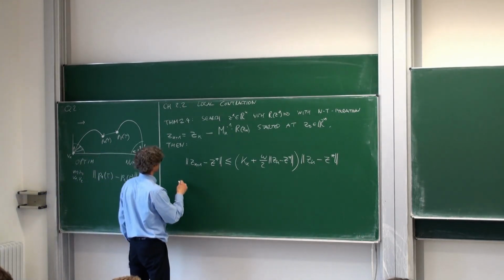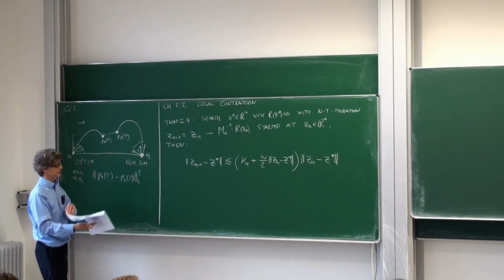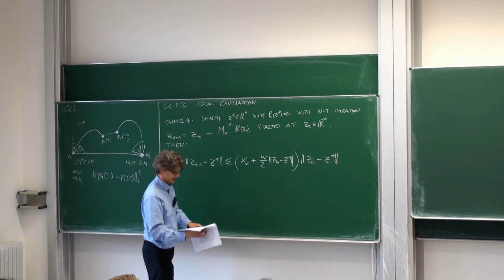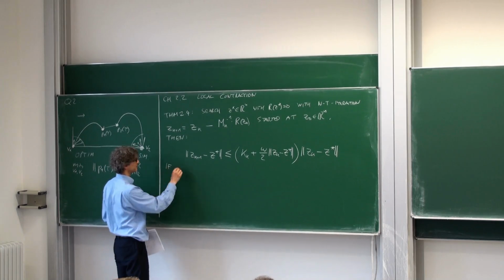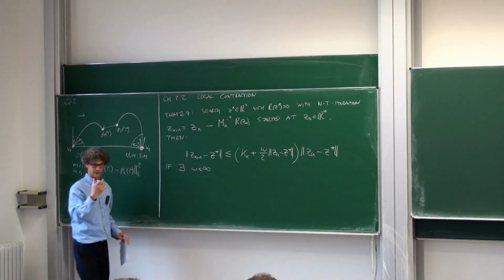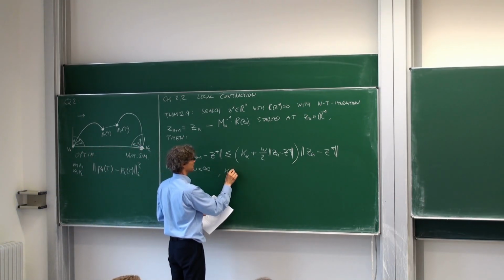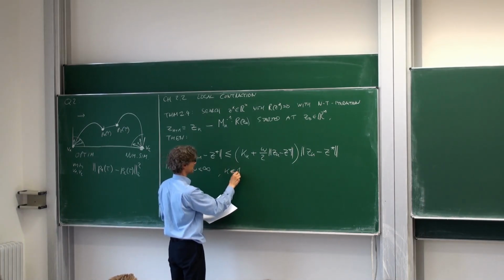Now I should say that this holds, of course, only under some conditions. We didn't even specify kappa_k and omega yet, right? So we need to say when this holds. If there exists an omega that is smaller than infinity, so a finite real number, and a kappa that is smaller than 1.